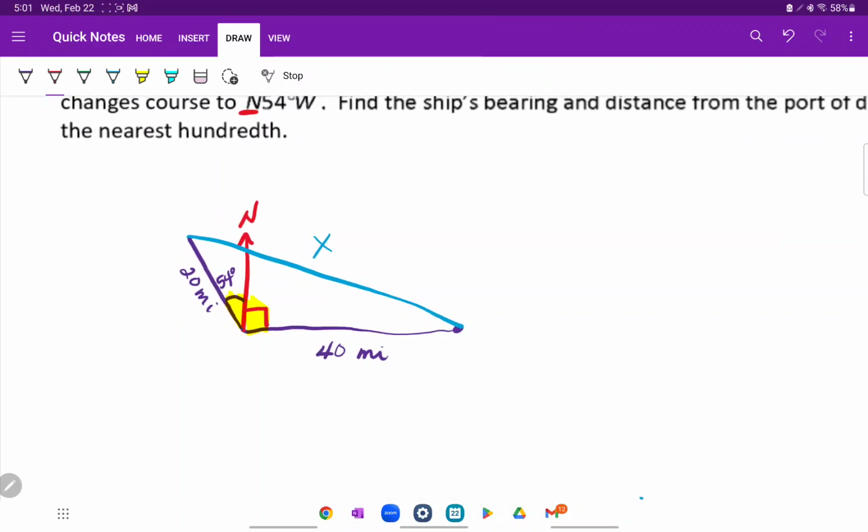I'm going to do two things. First, I'm going to extend my due west line. And then I'm going to drop a perpendicular from our location at 3 o'clock. Now I'm dropping a perpendicular to this due west line. This is going to create a 90-degree angle.